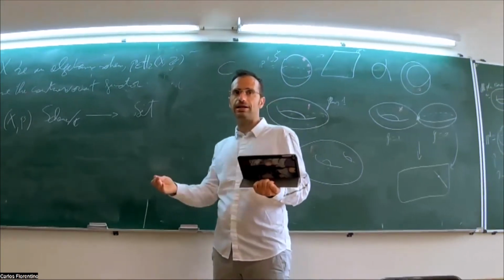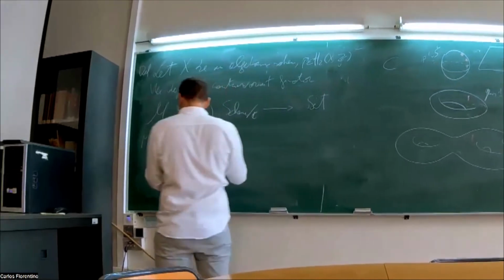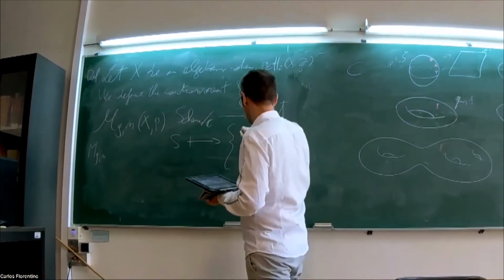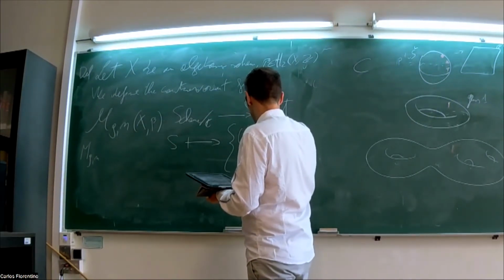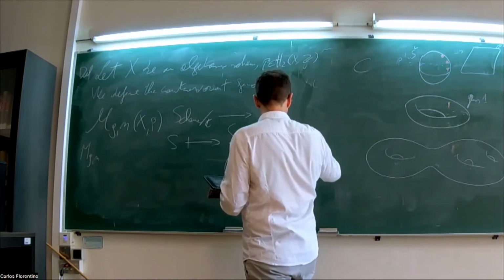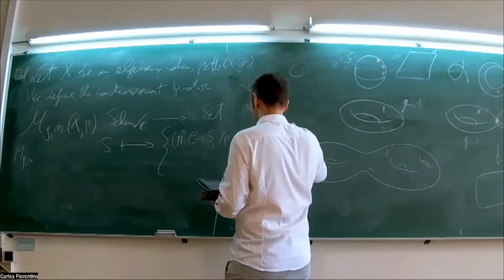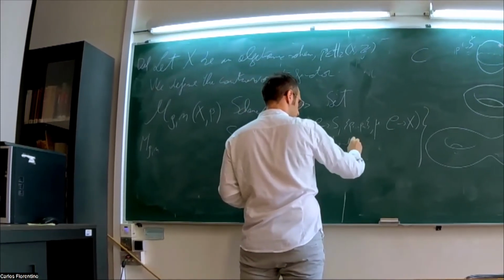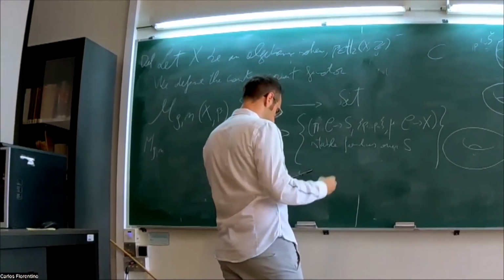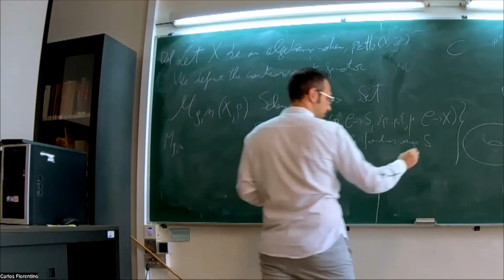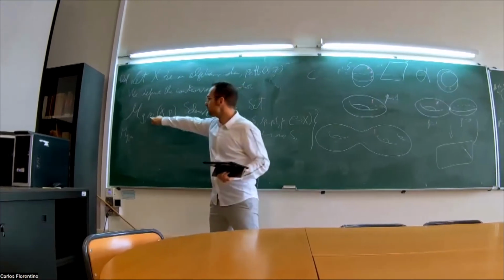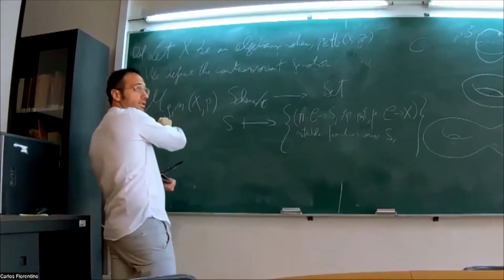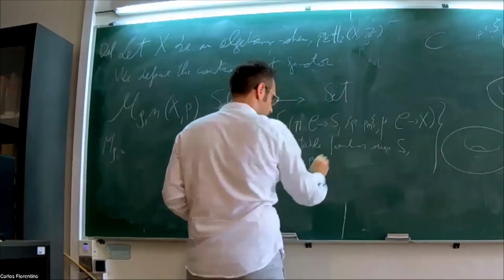It's the functor parameterizing stable maps to X. So from S to X, these are stable families over S with fixed n, the number of sections, and genus g.